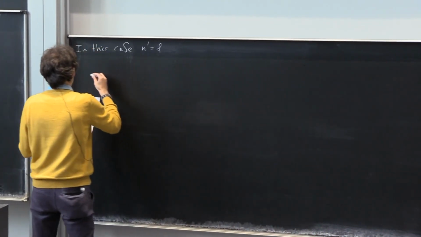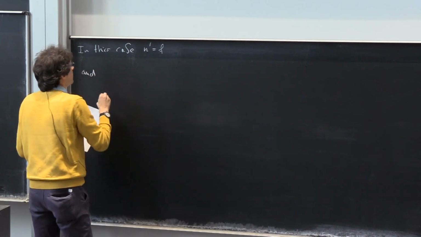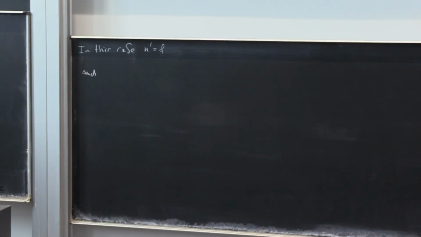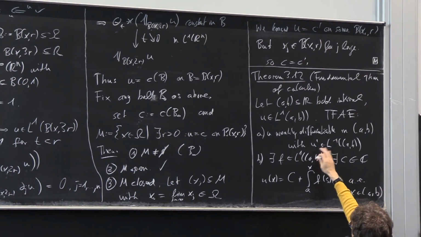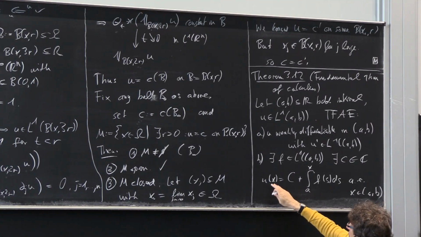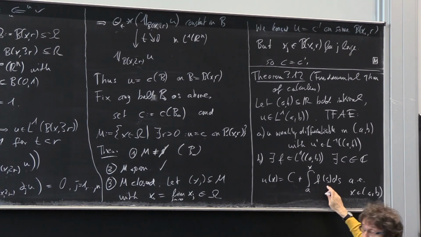And this function over here, so c plus this integral, what we've found now is that if we have a weakly differentiable function in L1 with integrable derivative, we can write down u as a constant plus the integral over the derivative.